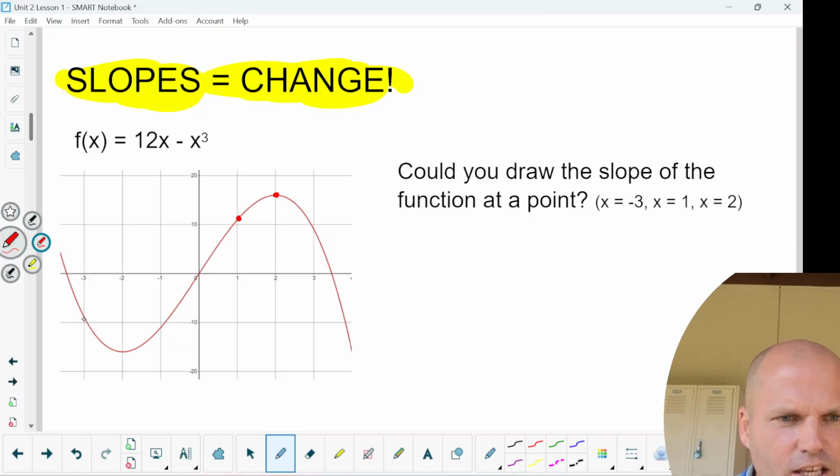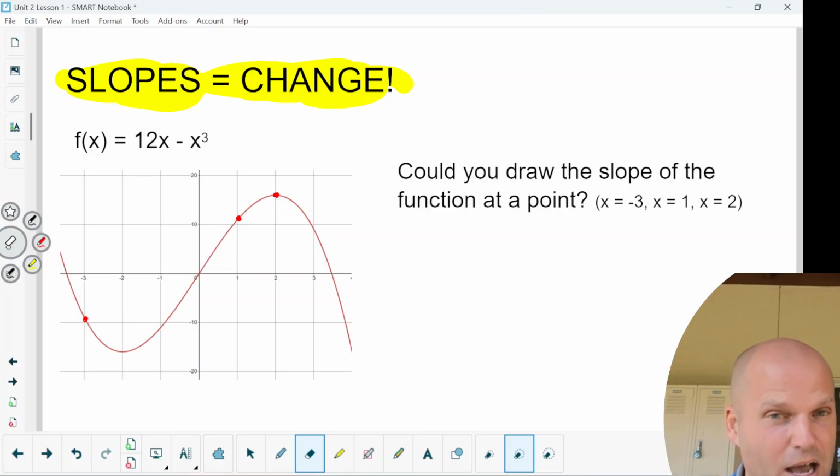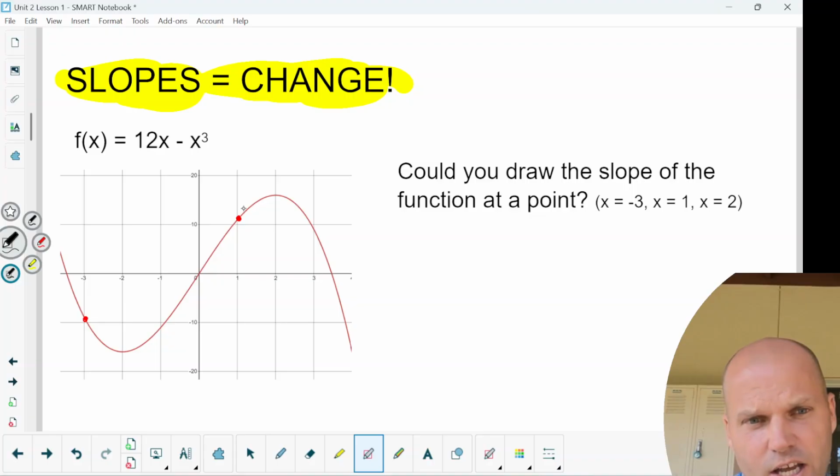So hopefully you're thinking, okay, if I want to draw a slope just at 1, I'm not connecting 2 points. I'm just looking at x equals negative 3 and x equals 1. Hopefully you're thinking about drawing a line that just touches the function at the point.